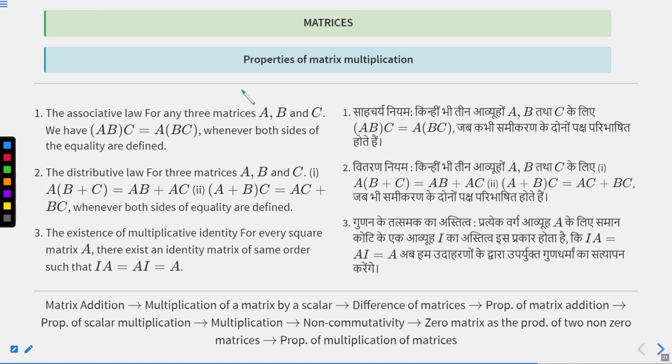Now, let us see some properties of matrix multiplication. In matrix multiplication, we follow the associative law.